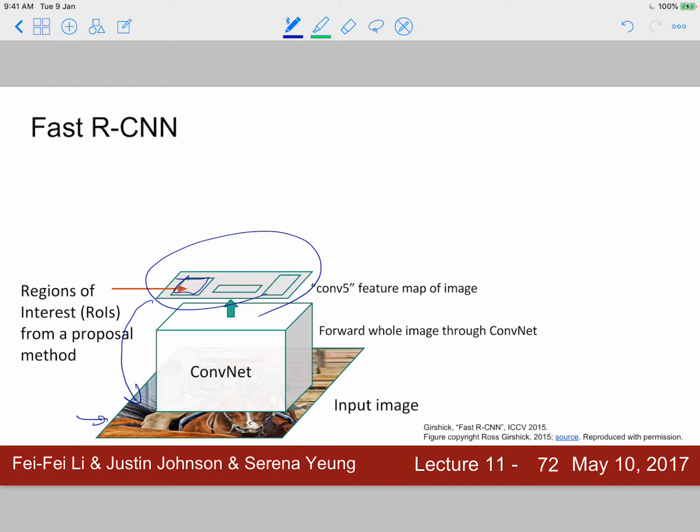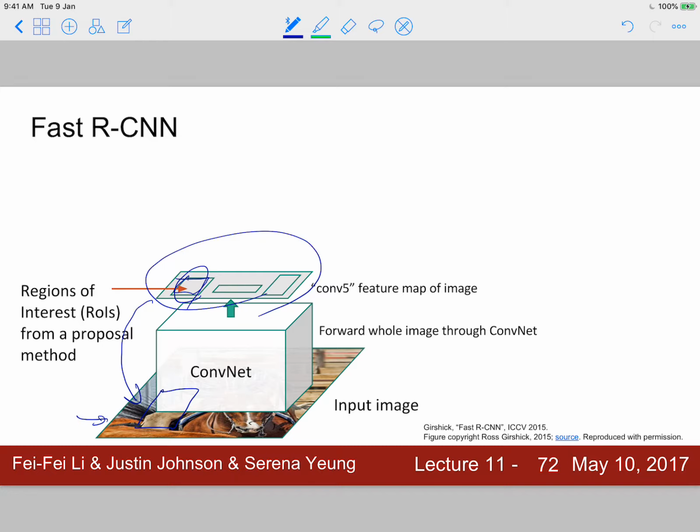But previously, once obtaining this region proposal, we actually cropped that region and gave it as an input to our CNN. So for each of our 2,000 ROIs, we have to run the CNN to obtain the feature map for that particular ROI, 2,000 times, separately.